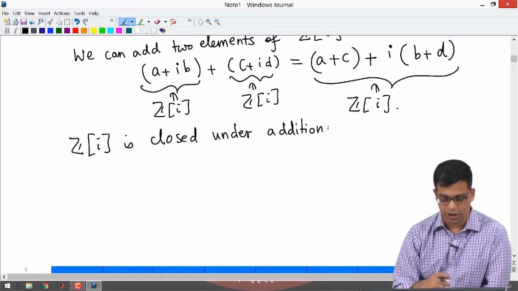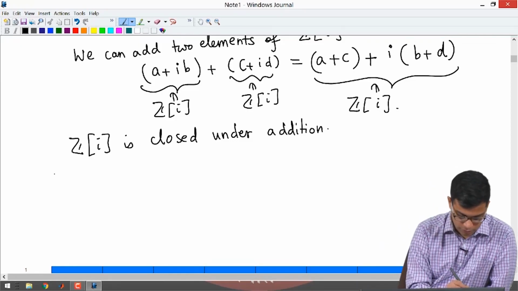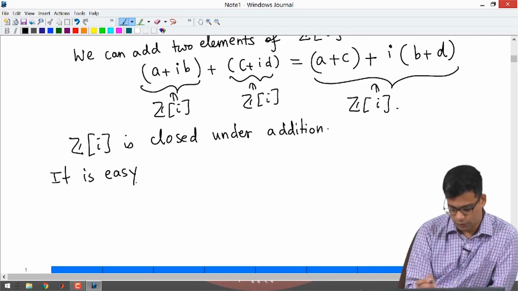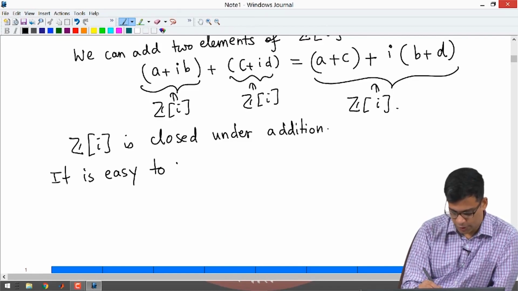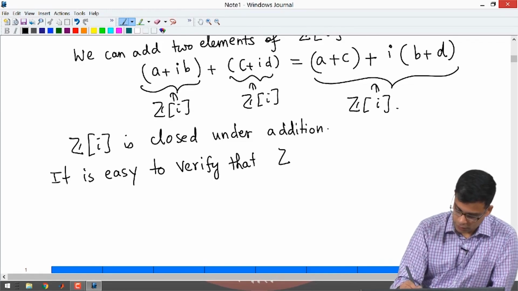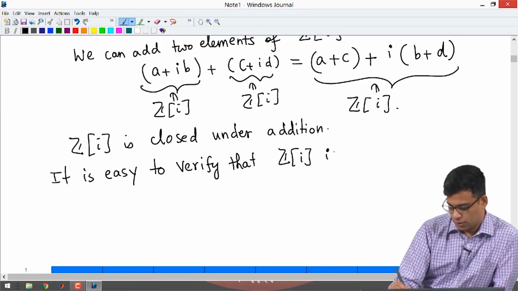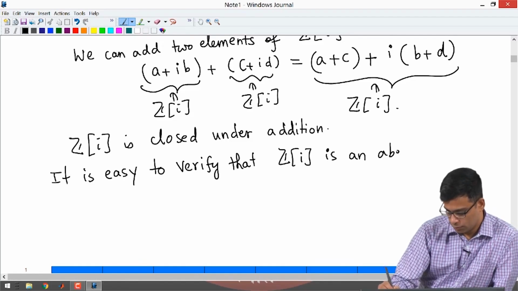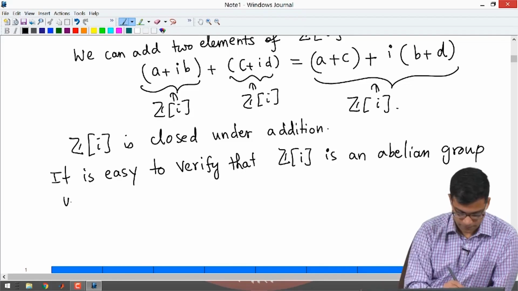In fact, it is easy to check, I will leave this for you to verify in detail, that Z[i] is in fact an abelian group under addition.